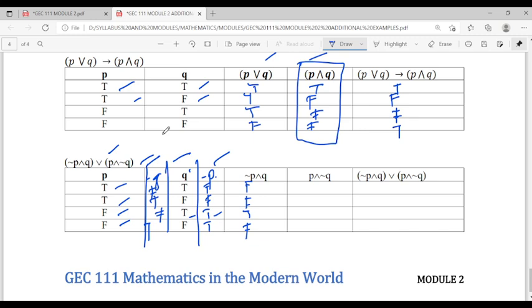True lang if they have both true. So, false, true, we have false here, and then this one true, true, true, false, false, false, false, true, false. Combine these two by the disjunction, so we have false, otherwise lahat ay true na. So that's it. Completing the truth table.